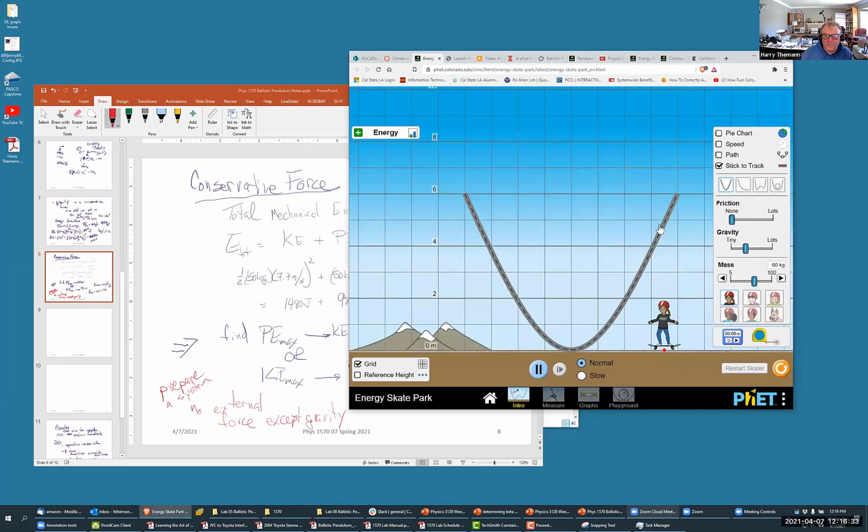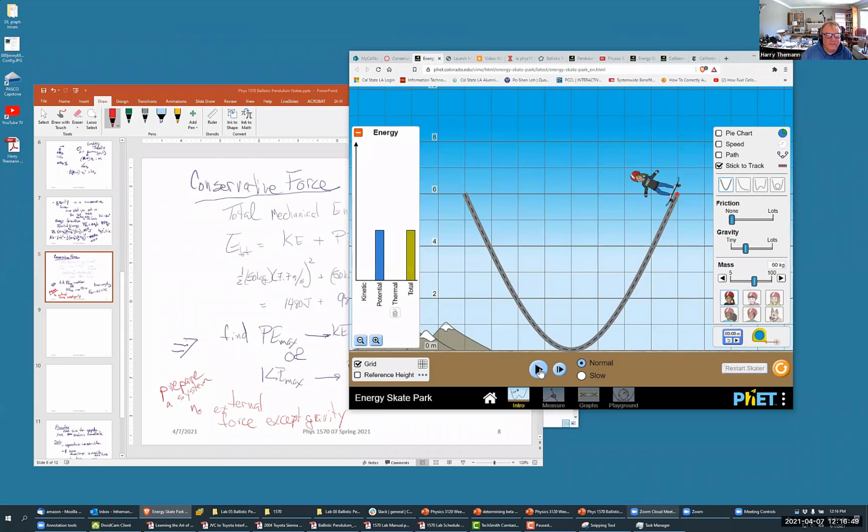Now, the only problem with this is that, oops, I forgot to pause it. So I prepare the system, and we see a certain total energy. Now, if I add a little friction, unfortunately, the way they do this, the total energy is staying constant, which is why I was careful to say total mechanical energy.